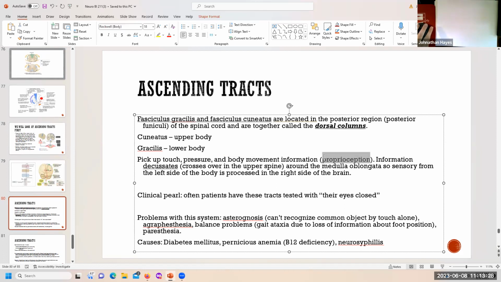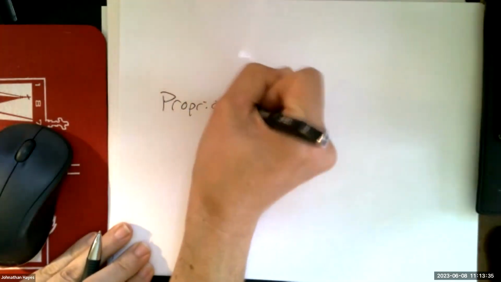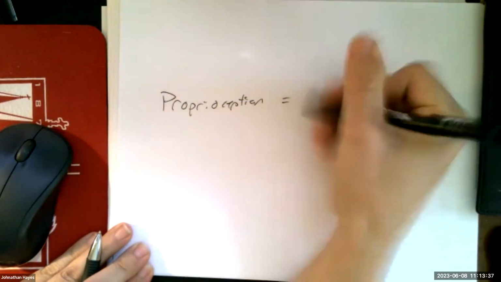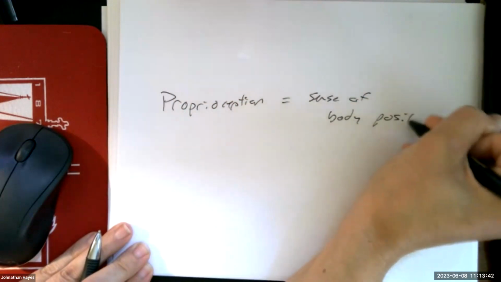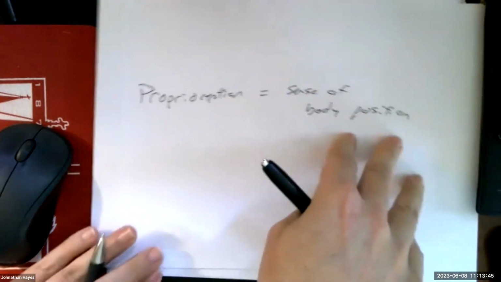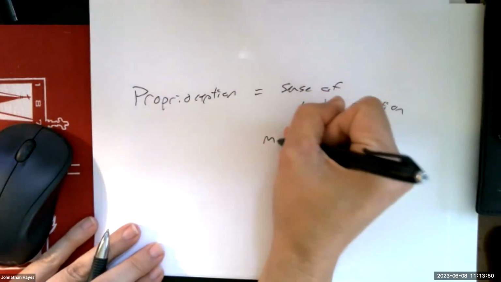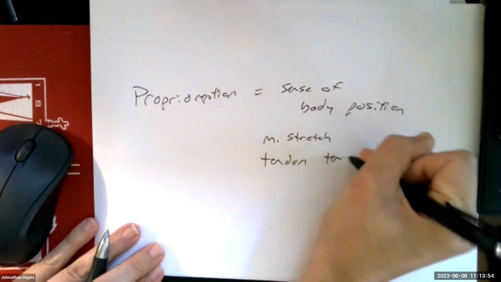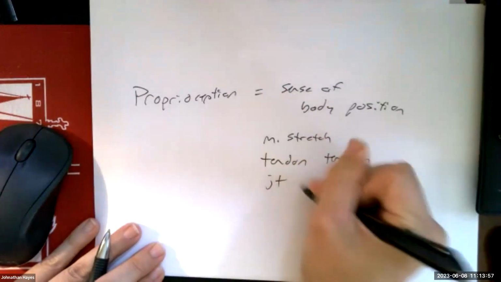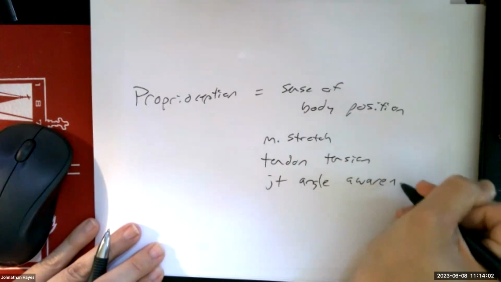And proprioception was, let me write this down for you, because it's good to hear it as many times as humanly possible. Proprioception equals sense of body position. I usually don't say that first. I'm just telling you overall what it is. But it's three things total, right? It picks up three things: muscle stretch, tendon tension, and then joint angle awareness, joint position or joint angle awareness.